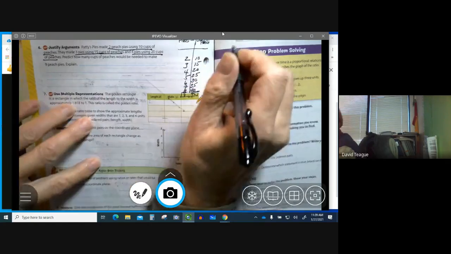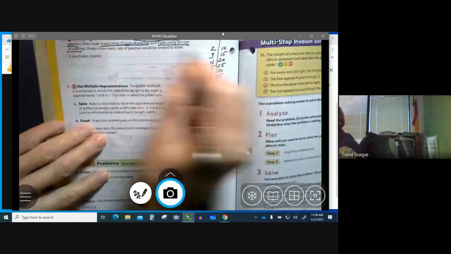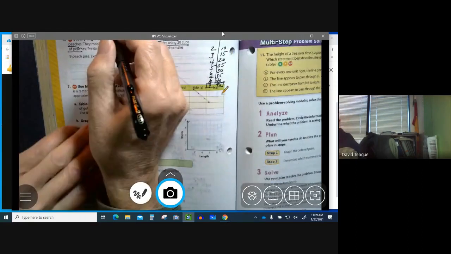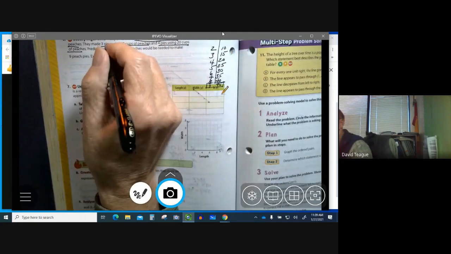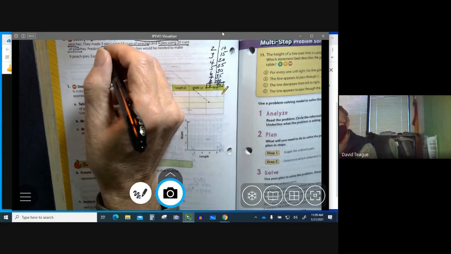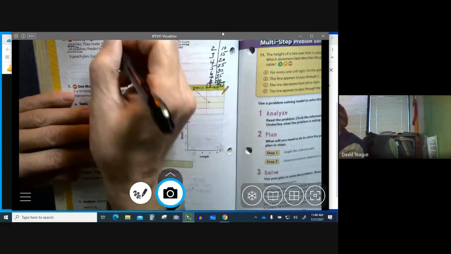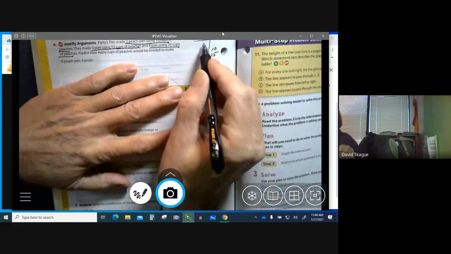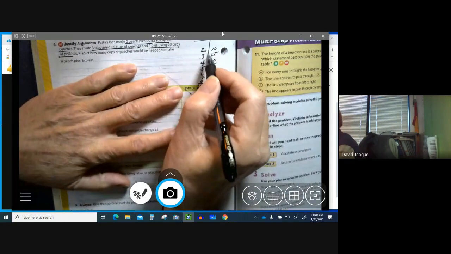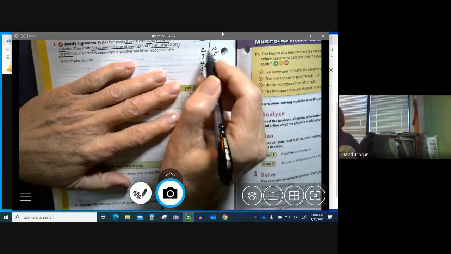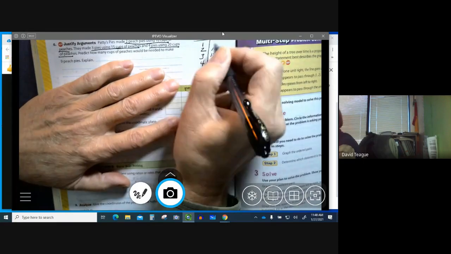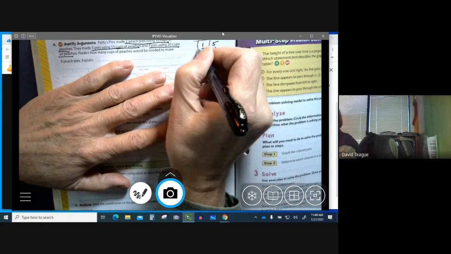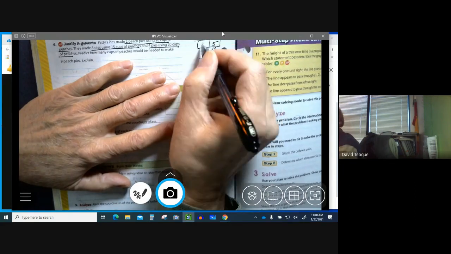Okay? So we know by extending our ratio table that, and let's do this. If I back up 1, right? If I divide this by 2, I get 1. And if I divide 10 by 2, I get 5. So my unit rate is 1 to 5.